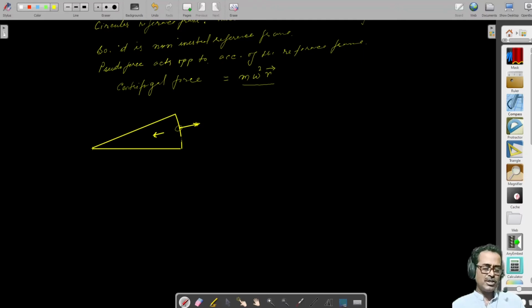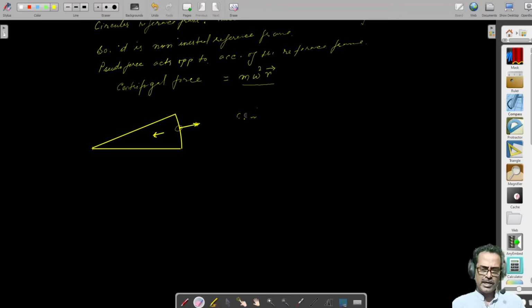If there is no friction, then the car will skid away from the center. So the maximum velocity with which it can turn is given by m v square by r.